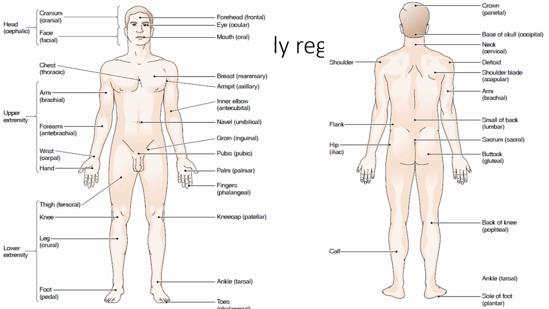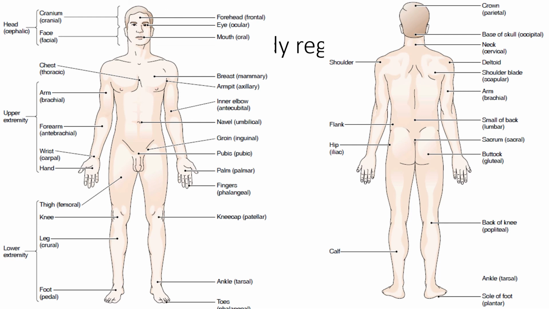Then at the dorsal side, we have the crown or parietal, the base of the skull occipital, the cervical, the deltoid, the scapular. And in front, we forgot the clavicle, or the collarbone.